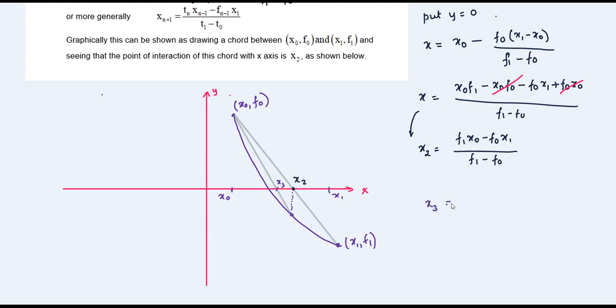So x3, when we find it, will be in terms of f2 and x2, and here it is taking x1.